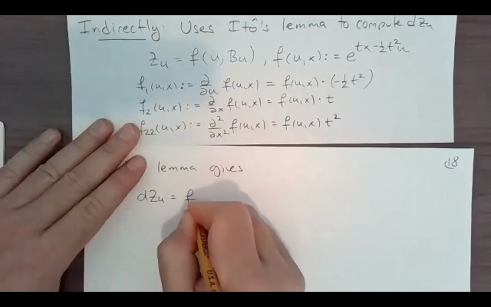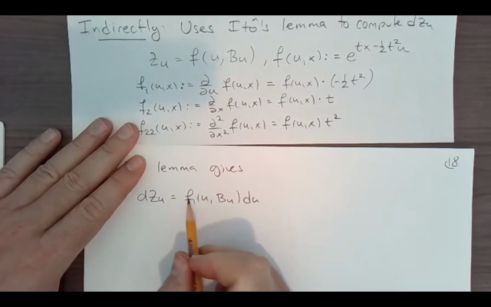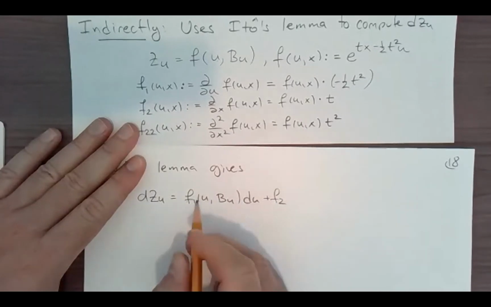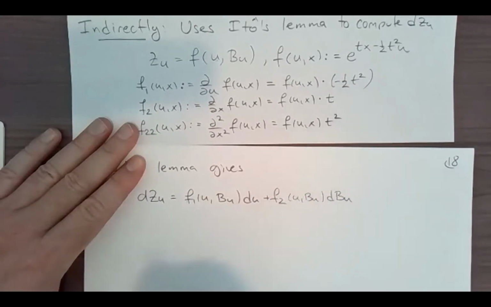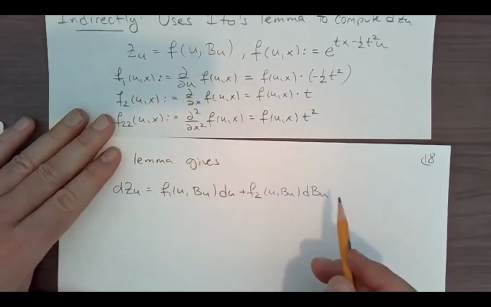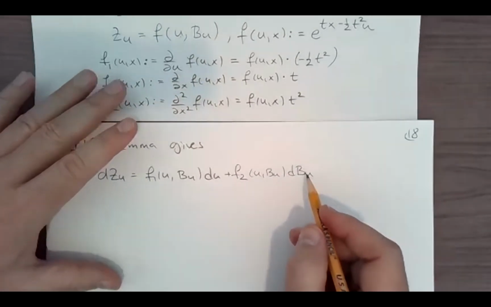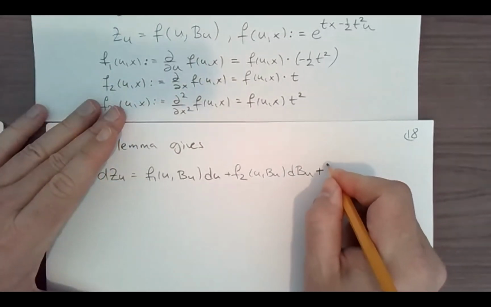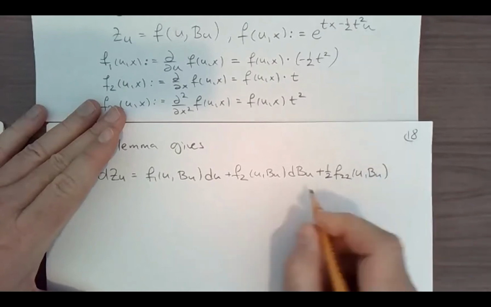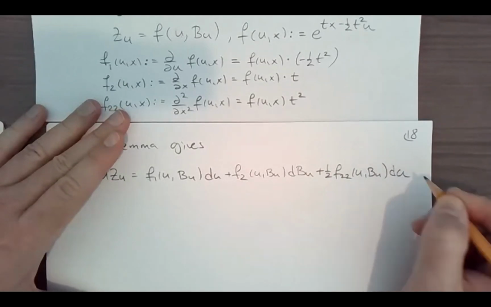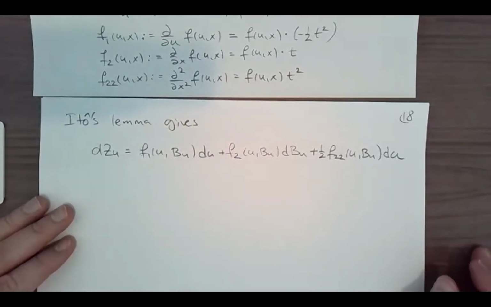The first one is f1 of u, b_u, and then du, plus there's f2 of u, b_u, db_u. And then we need the higher order term because Brownian motion has finite quadratic variation. So you need a half here, and then it's f22 of u, b_u, and then the quadratic variation of Brownian motion, which is du. So that's Ito's lemma in this particular form.